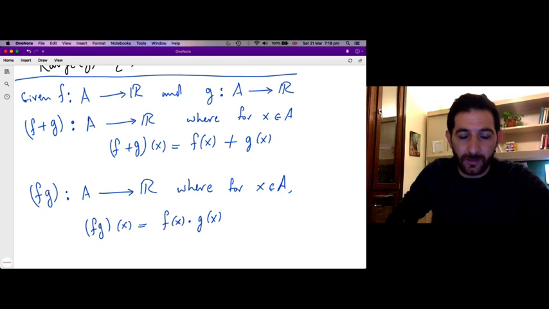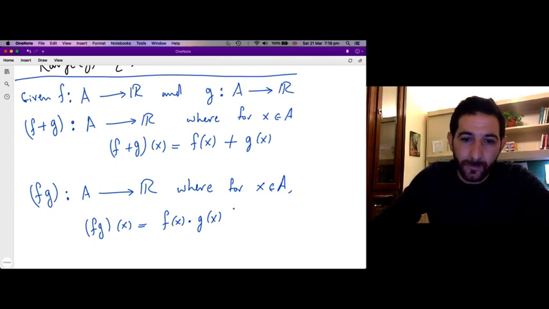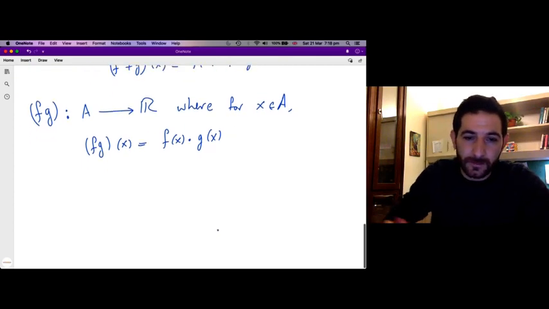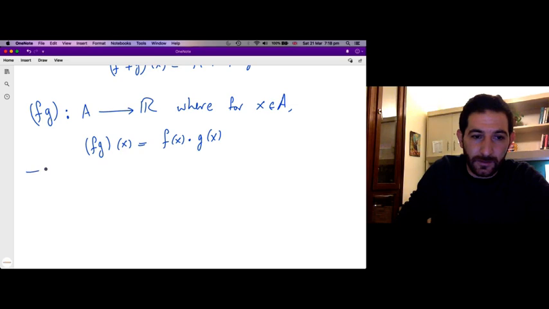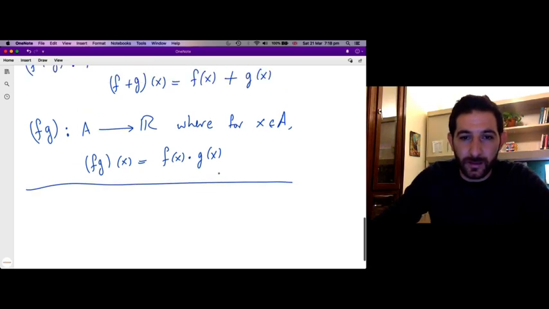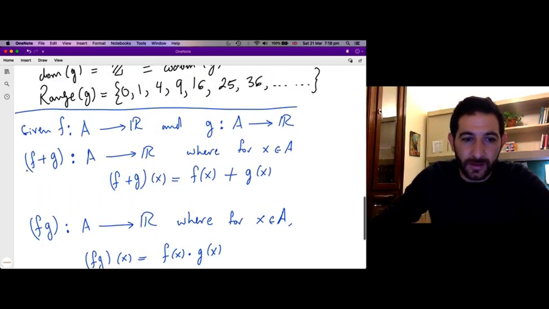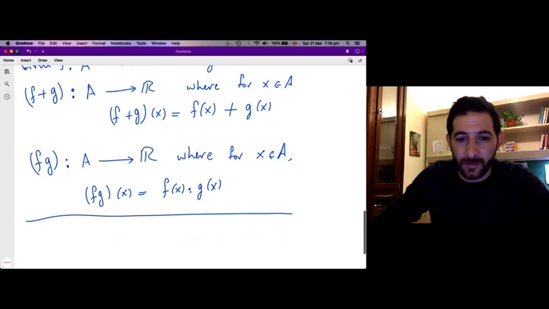So first compute the image of x under f, and then compute the image of x under g, and then these are two real numbers, and then multiply them. Okay, so this is one way where we can create new functions from old functions when the codomain is the set of real numbers, using addition and multiplication.